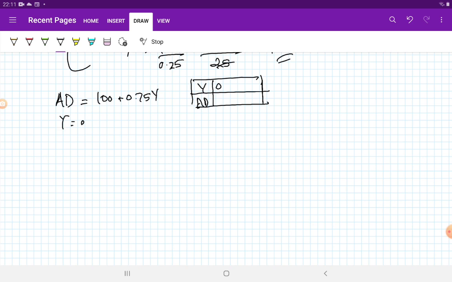So when y equal to 0, aggregate demand equals 100 plus 0. So that's my first point, the coordinates 0, 100, and I need to find one more point.